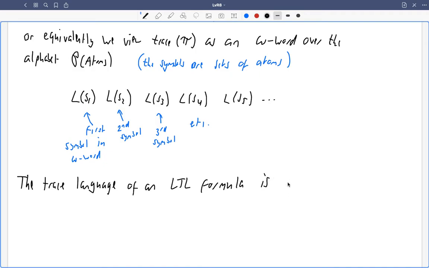So this is going to be, I'm going to call this traces phi. So this is going to be a set of infinite words over the alphabet given by the power set of atoms.